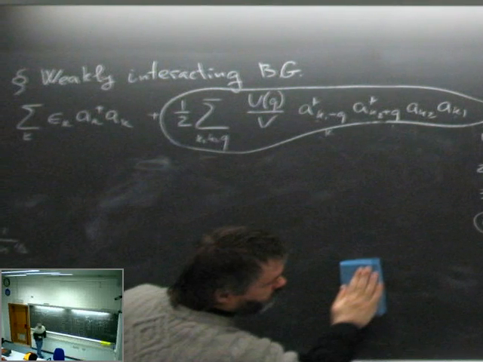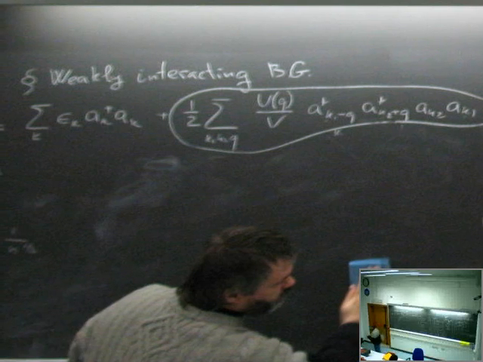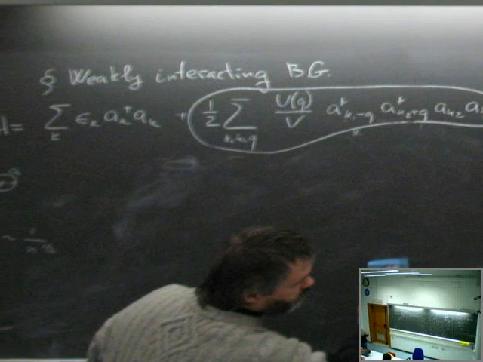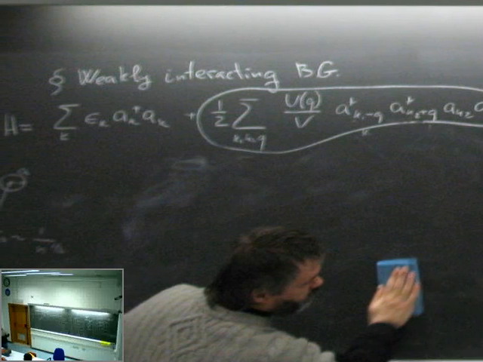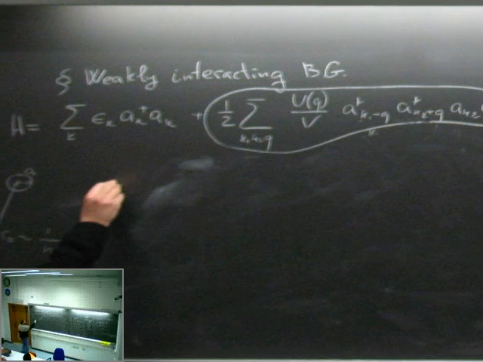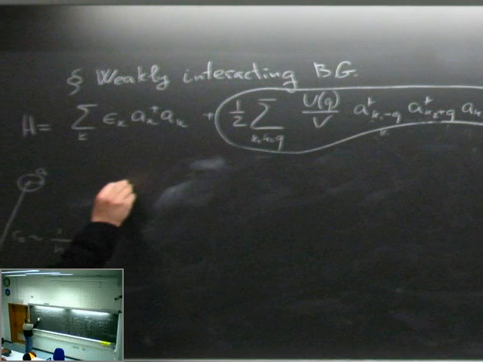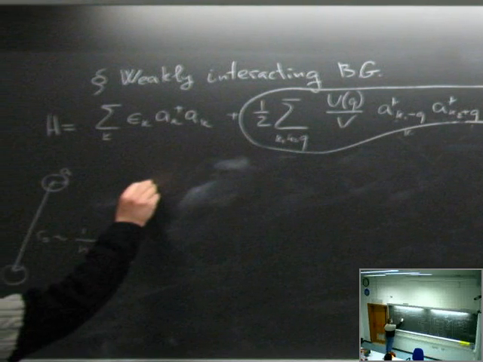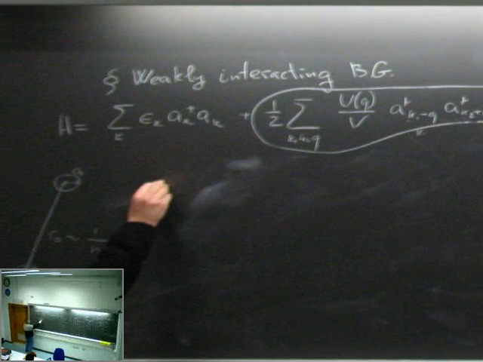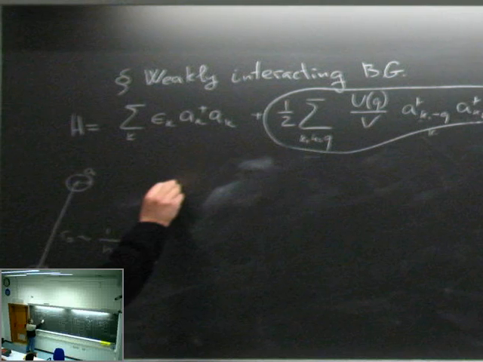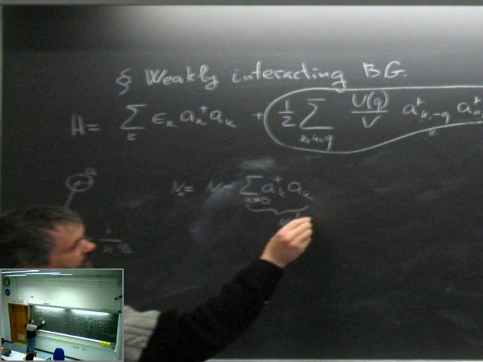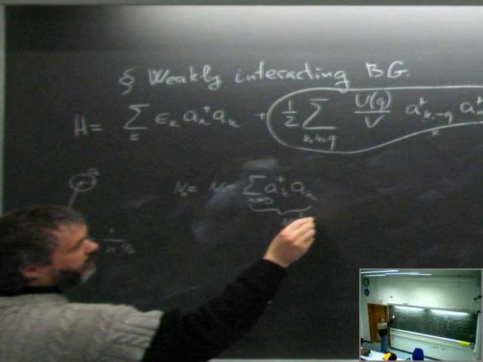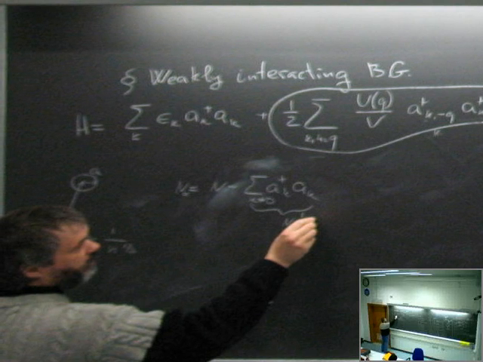The only difference between what I have written is N squared and not N node squared. Look, N node is equal to N minus sum over K A dagger K A K, K not equal to 0. This is out of condensate number N prime, which is much smaller than N. I'm interested now in the situation where T is much smaller than T node.